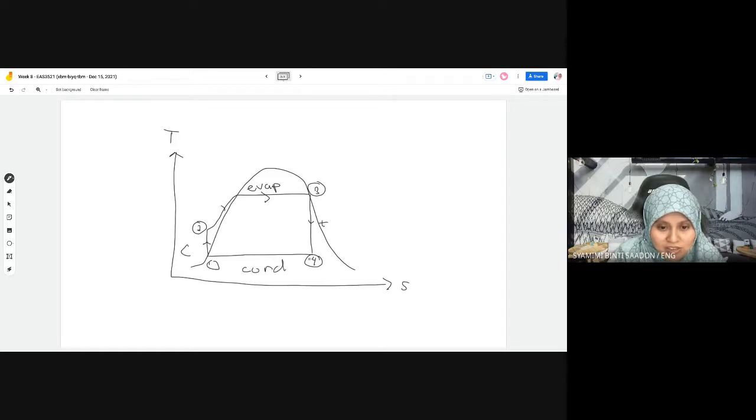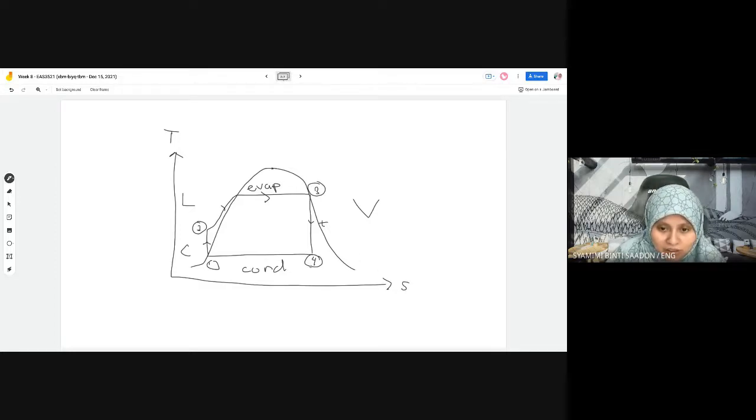So condenser from vapor to liquid. This is the liquid region, this is the vapor region. Along this line until this one, this is the saturated liquid, and from the peak until this line, this is the saturated vapor line.